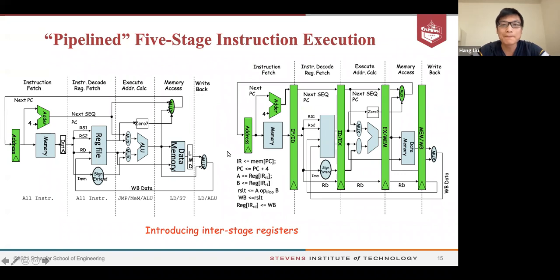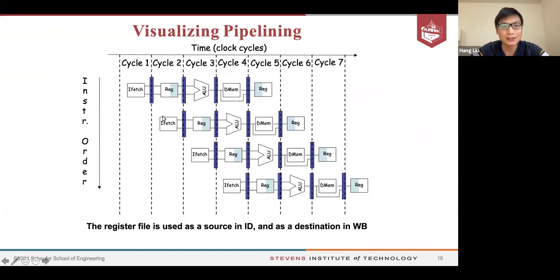Well, if we do pipelining, what is pipelining here? This is the pipelining. So you have one instruction at the IF register, ALU, memory access register, write back. Second instruction is like this, right?